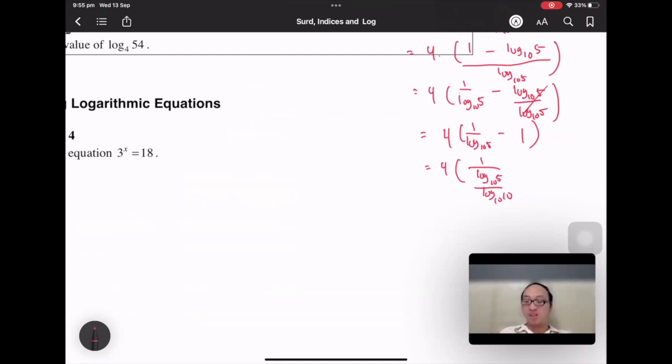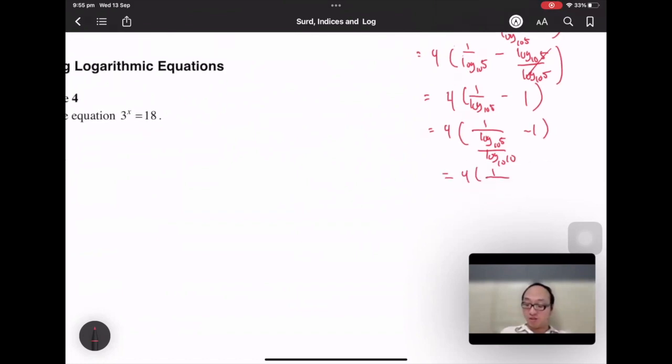In this case, I don't change the base, but I use this method. So I can have 4 times 1 over log divided by log. So I can switch the position.